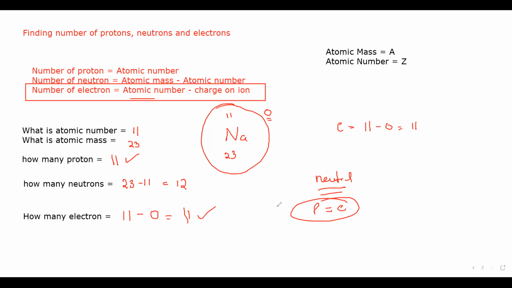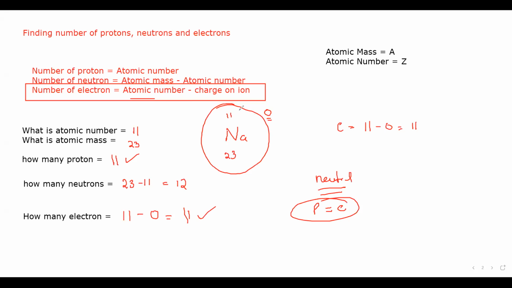There will be a charge written, and I will give that example as well. Using that charge, you can work out. According to the question, it may change. It's not necessary that you use this equation; you can use your understanding.